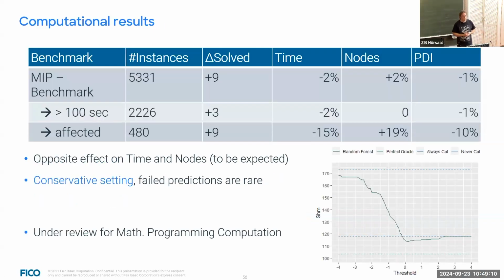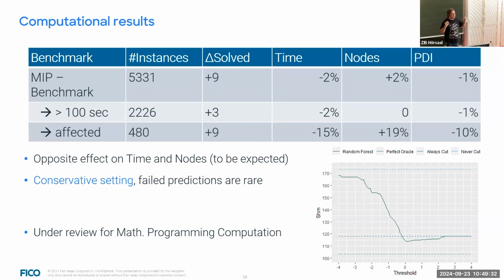The computational results in the end showed us that we could get a 2% improvement in time, a 1% improvement in the primal dual integral, and an increase in the number of nodes.